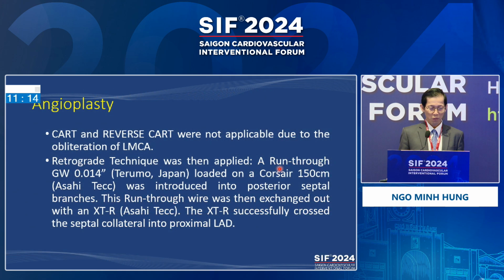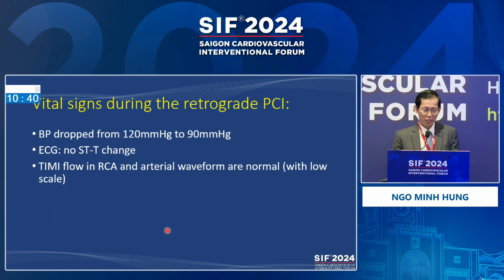Of course we cannot apply CART or reverse CART in this situation because the antegrade guiding catheter is not working. We try to go through the septal first, then come back from the back door and go to the left main. At first we use the microcatheter, and we use the XTR to search for the interventional collaterals, to go up to the mid LAD and then to the left main.